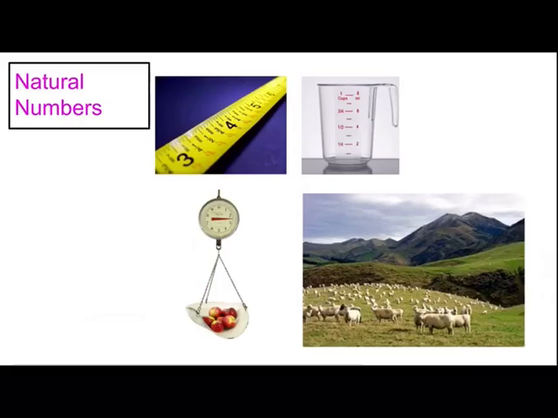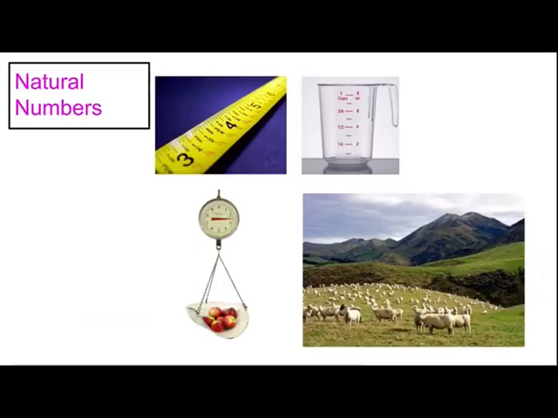Would a table be 0 inches wide? No, that makes no sense. When we're measuring cups and ounces, those numbers are positive, so those are also natural numbers. The weight of the apples in this picture is 2.5 pounds.